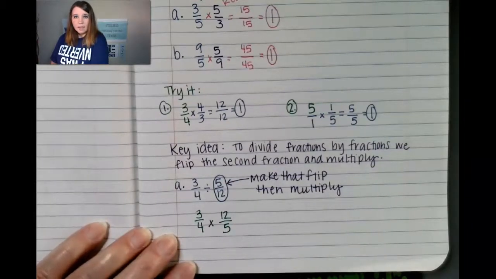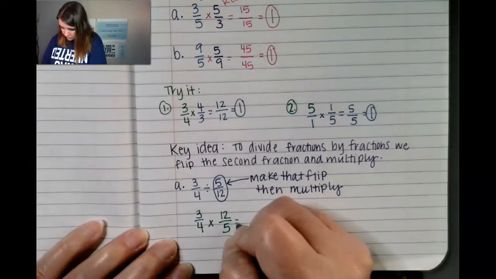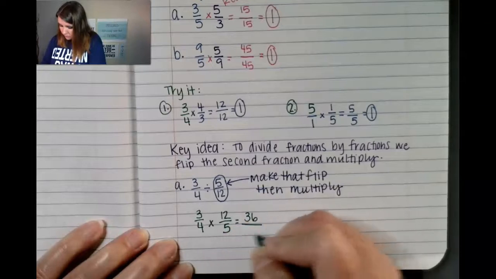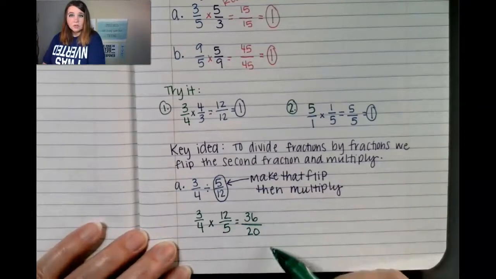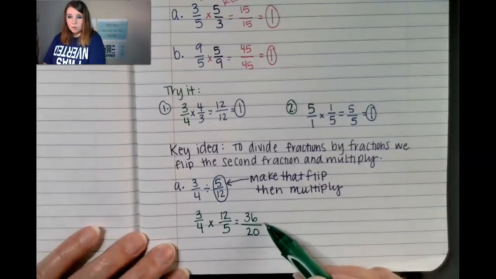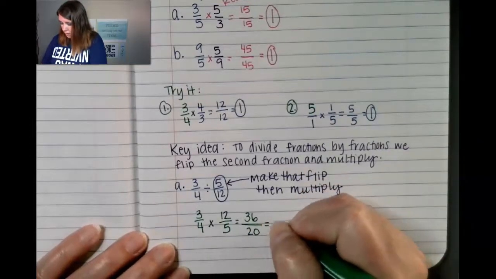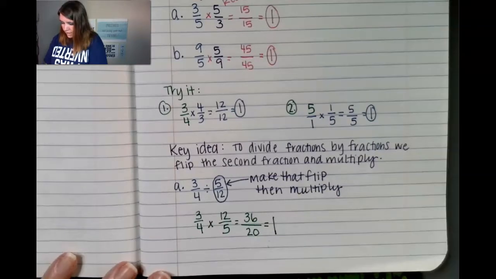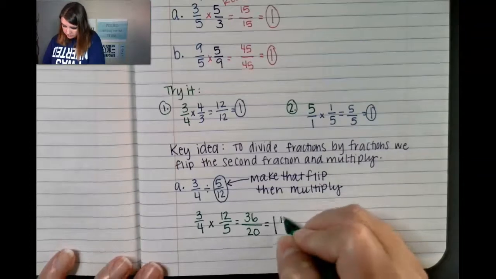So now I can multiply those straight across, and 3 times 12 is 36. 4 times 5 is now 20. And I need to turn this into a mixed number because this right now is called an improper fraction. So I want a mixed number, and I can pull out 1 whole. And then I have 16/20 left over.